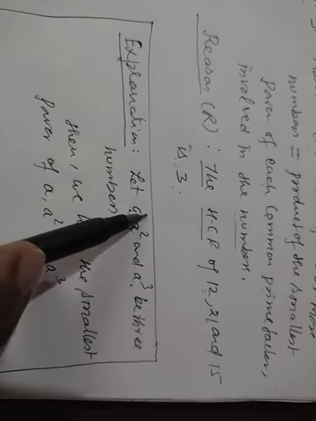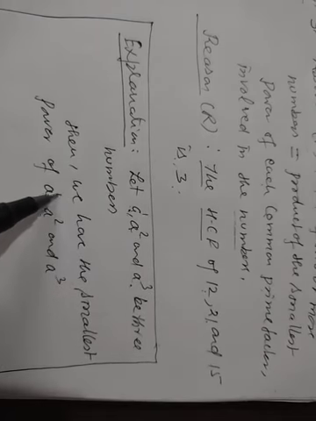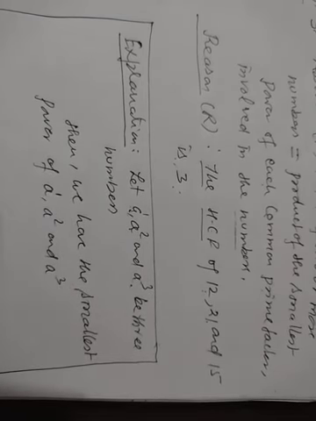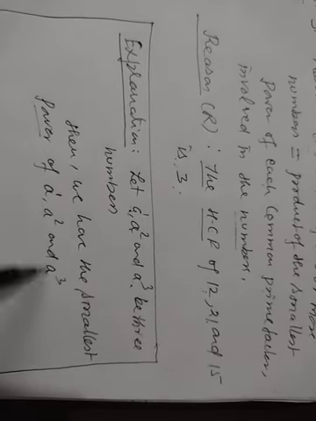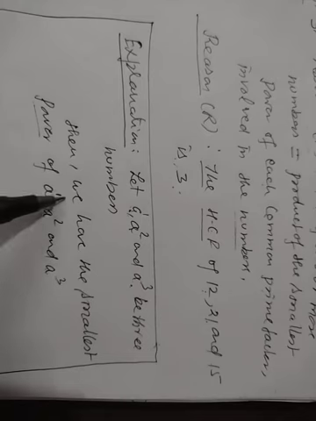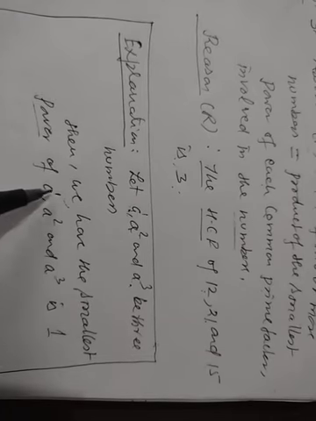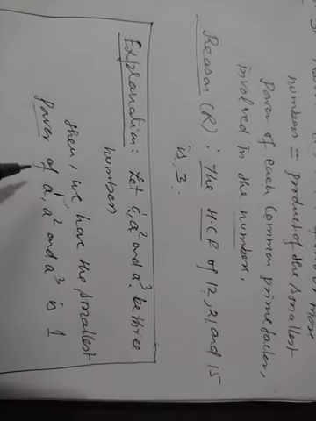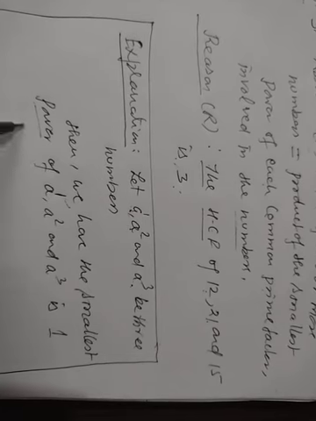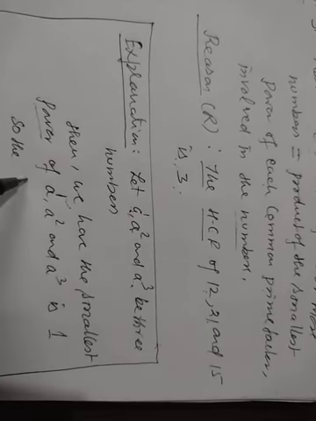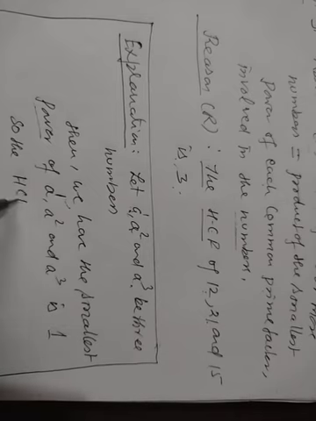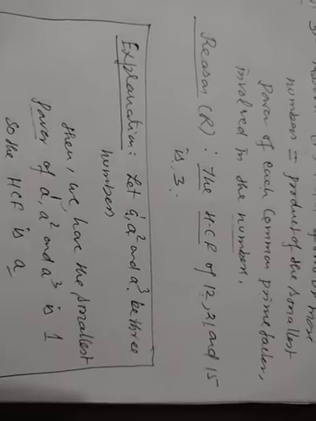So where there is no power, you can say 1 is the power. Then what is the smallest power in these three? It is 1. So the HCF is a.